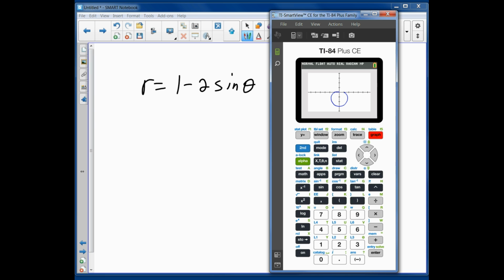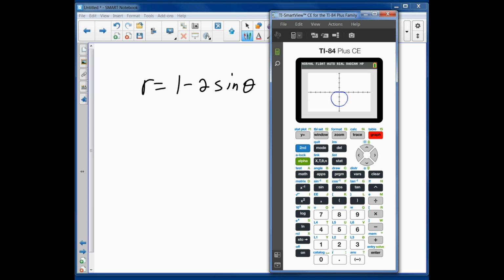Okay, so there we go. We're going from 5 pi over 6 to 13 pi over 6. Now, will that give us all of the area that's enclosed?